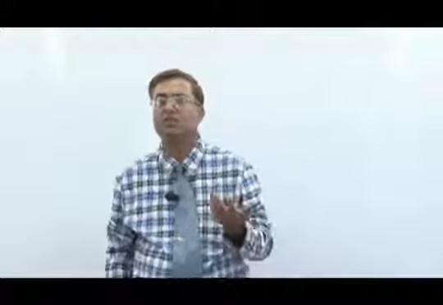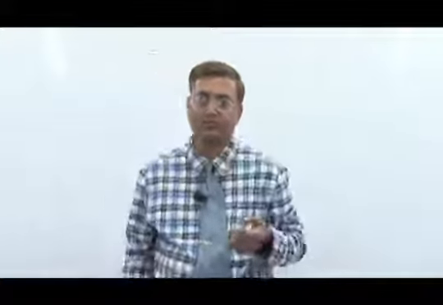Nj represents the normal direction vector, and Fi is the force, and delta ui is the displacement, that would be the strain.